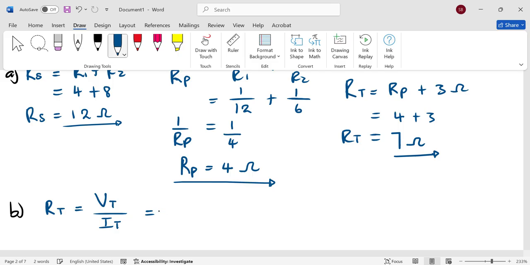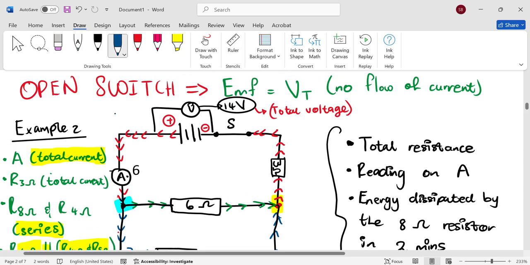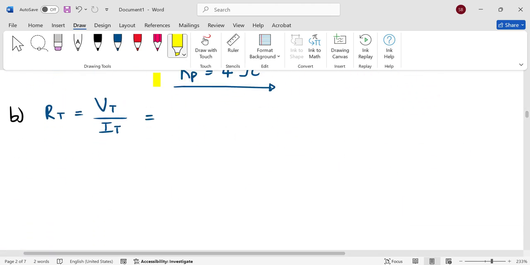So what is V total? The total voltage, remember, according to our analysis, is the 14 volts because it's the voltage across the battery. So that is going to be 14 divided by the, wait, no, hold on.